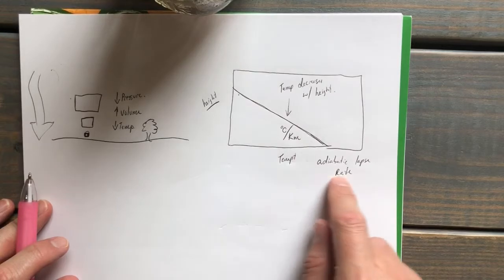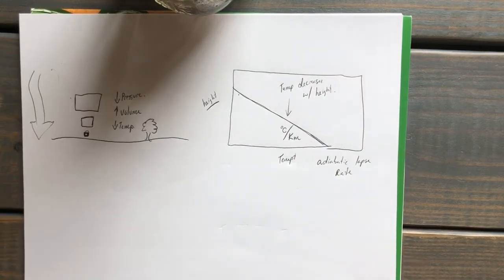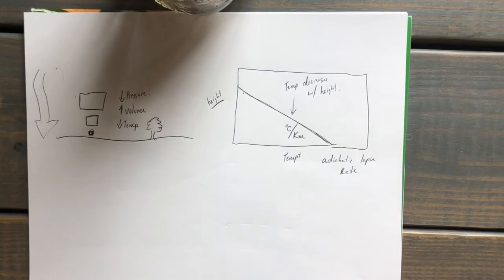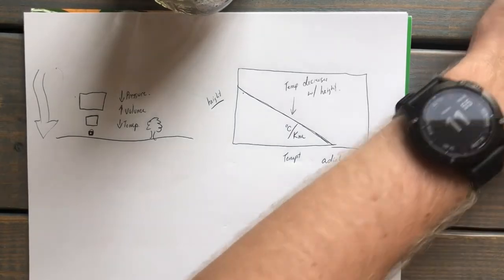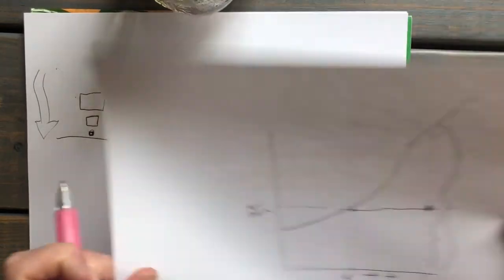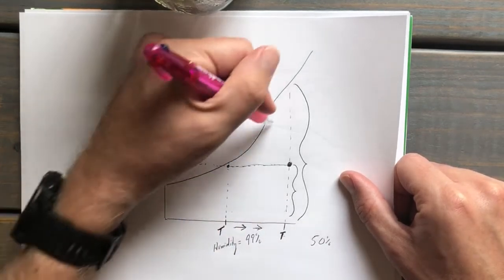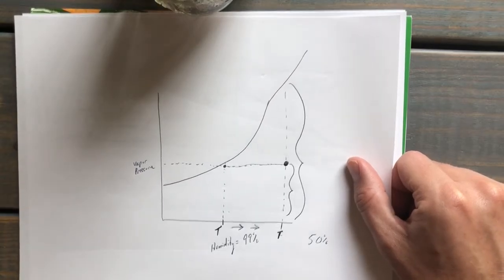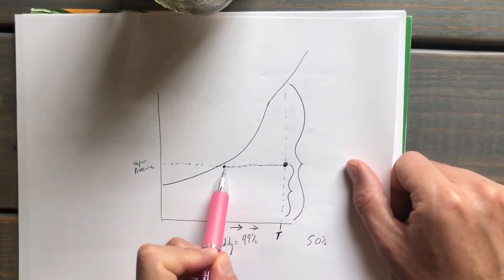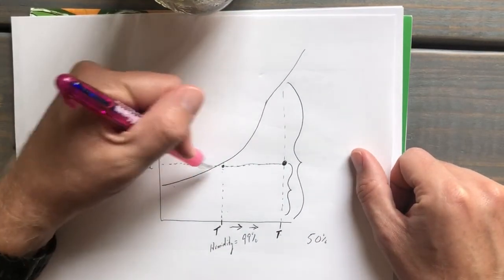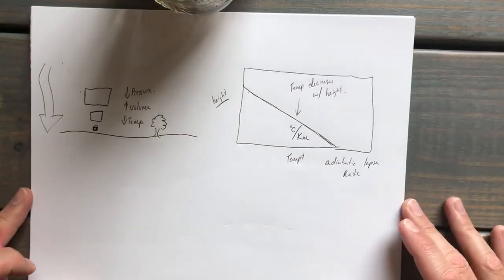Now, this is the scenario if the rising air does not become saturated in H2O. Remember in the last video, if we're decreasing in temperature, eventually, if there's any water vapor, which there is in the atmosphere, whatever vapor pressure is present can eventually become saturated, particularly if vapor pressure stays the same.